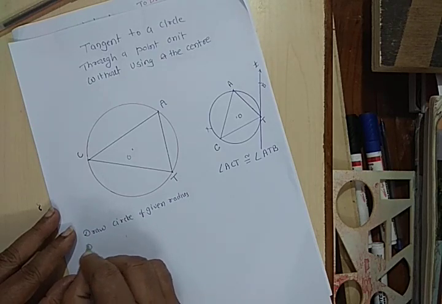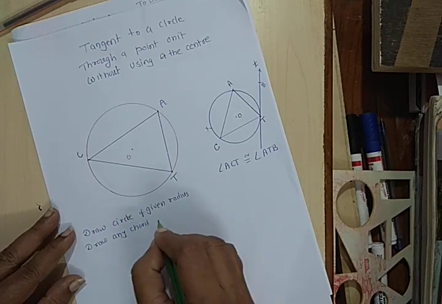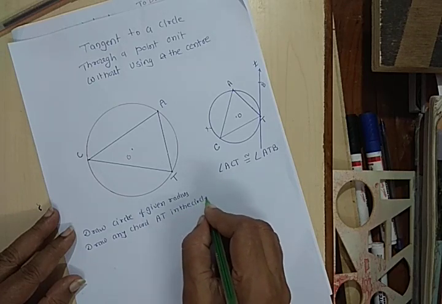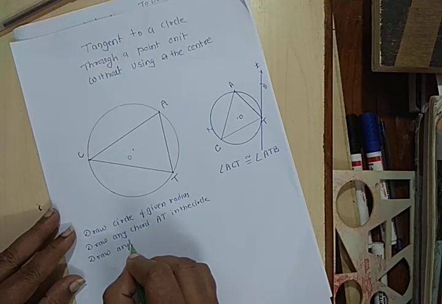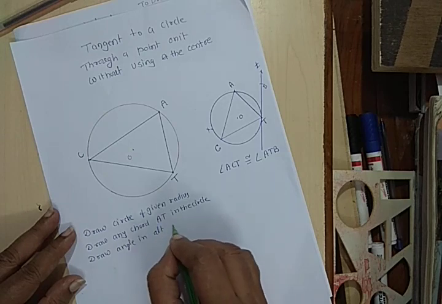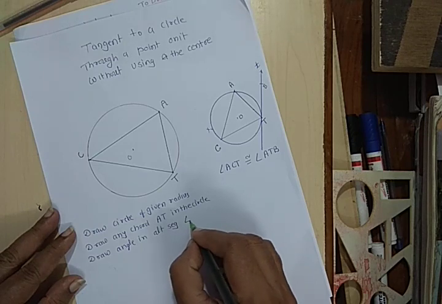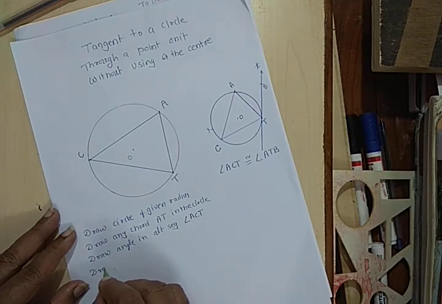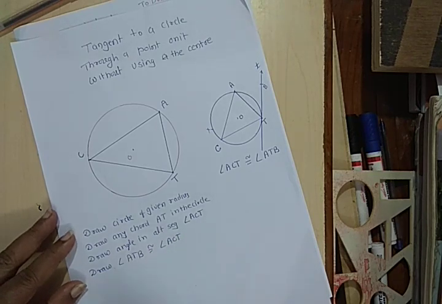Mark the point and draw any chord AT in the circle and draw an angle in alternate segment, angle ACT. Now draw angle ATB congruent to angle ACT.